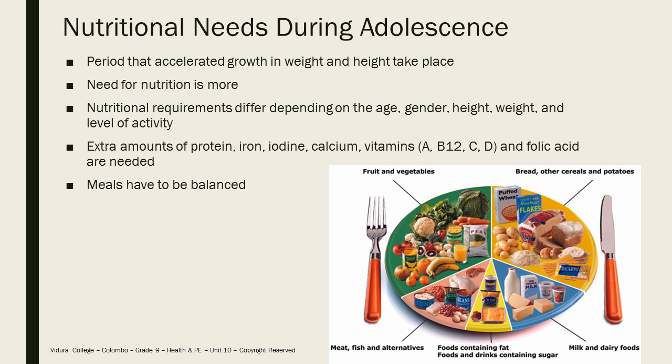From 10 to 19 years, you are passing the stage of adolescence. During this period, you show accelerated growth in weight and height. Therefore, it is important to provide food rich in nutrients. But the nutritional requirements differ depending on the age, gender, height, weight, and the level of activity.